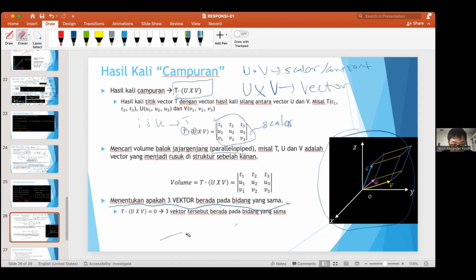Because if we take a look at this, let's say this is a plane P. A plane, as mentioned previously, consists of vectors.